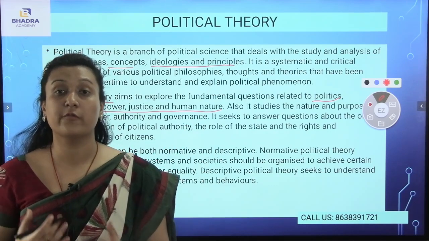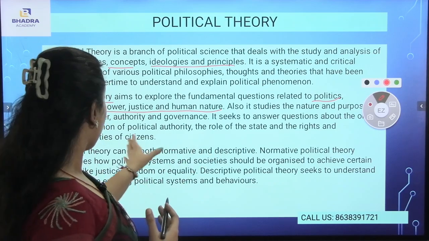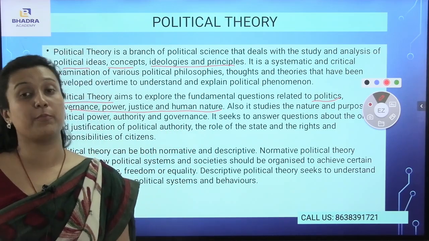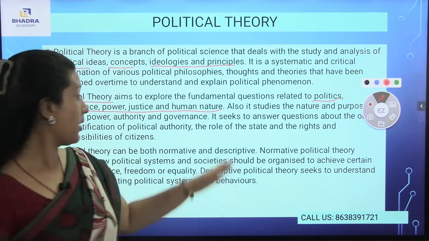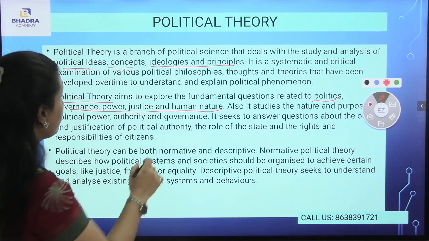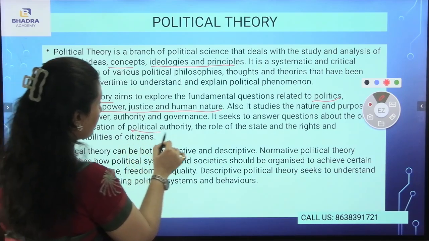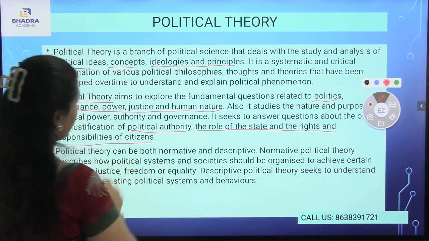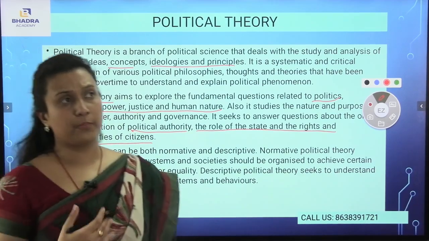It also seeks an answer to the question of how a particular individual gets justification for political power. Political theory also explains political authority, the role of the state, and the rights and responsibilities of citizens.